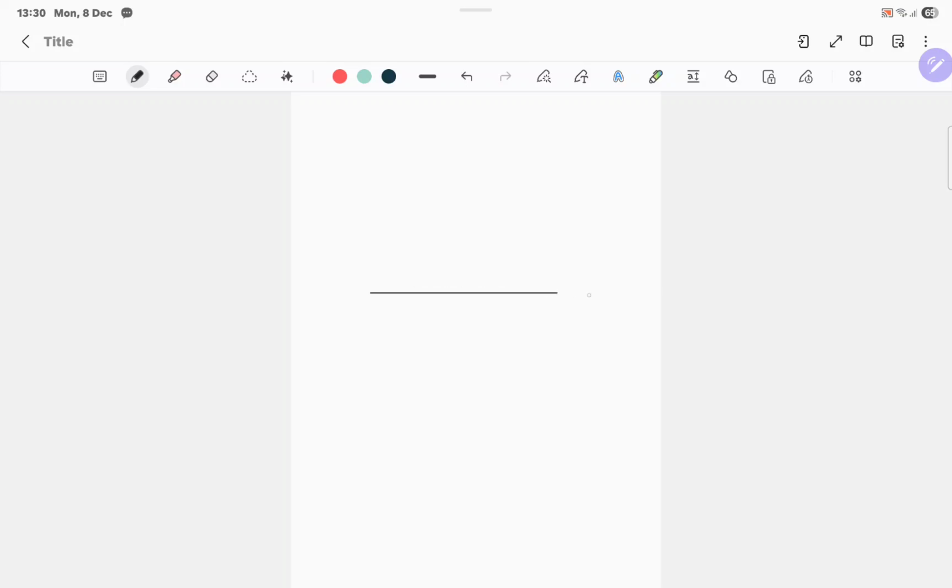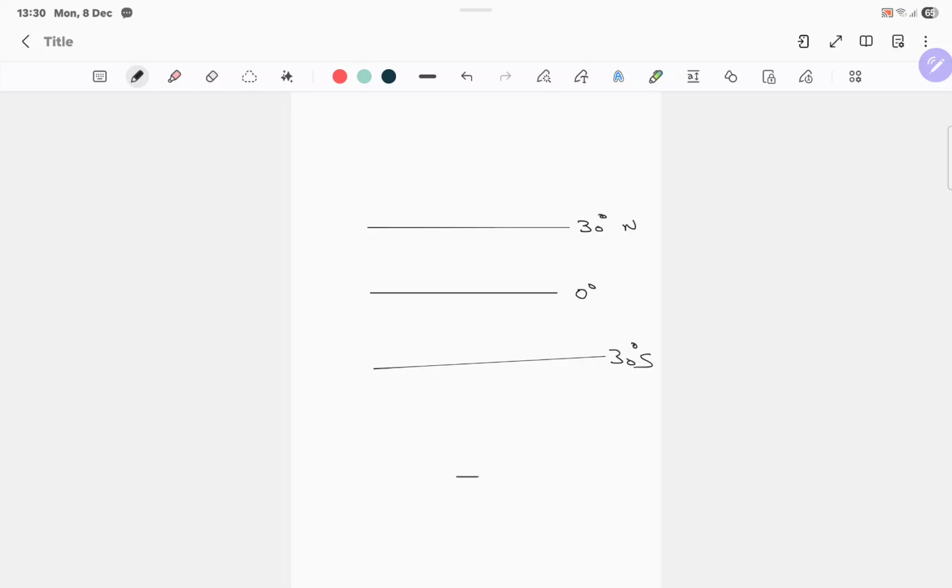This is your equator, 0 degrees. And this is your 30 degrees north. This is your, let's correct it, this is your 30 degrees south.